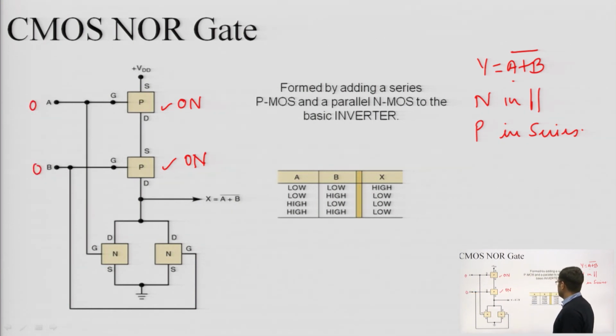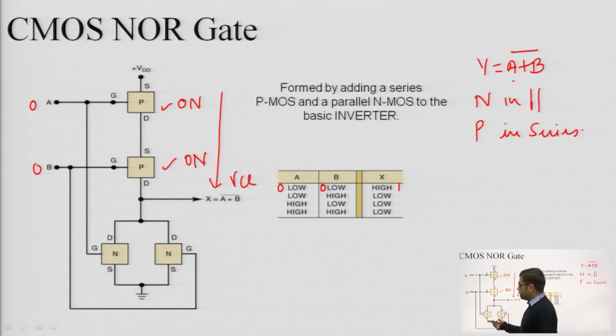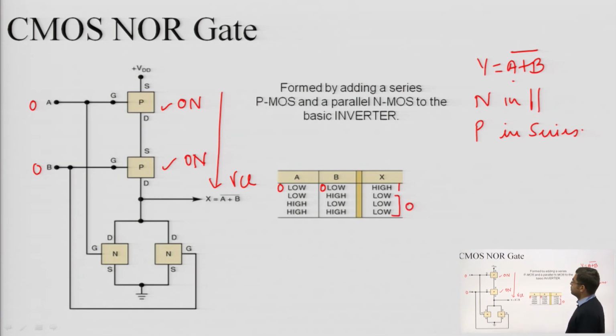So for 0 0, both transistors will be on and it will be connected to VDD, so I will be getting a high output. In any other situation, I will be getting a low output. So this is the CMOS NOR gate.